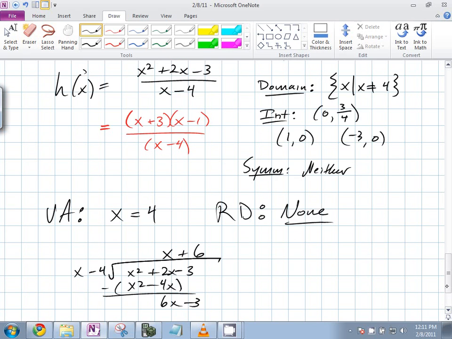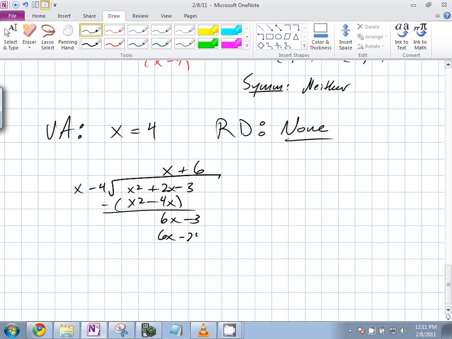Then you get 6x minus 24, subtract and you have 21. So what did we figure out? We figured out that x squared plus 2x minus 3 over x minus 4 equals x plus 6 plus 21 over x minus 4.